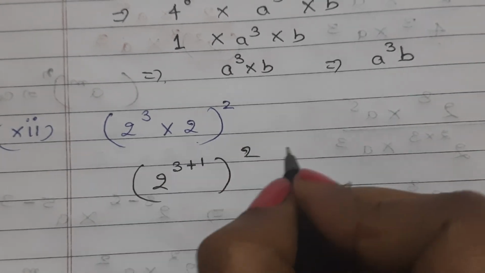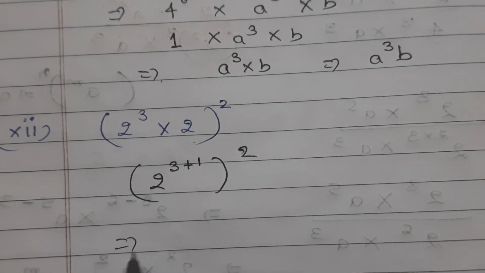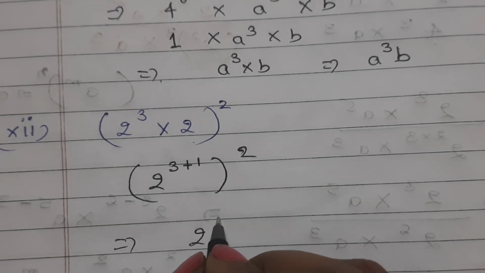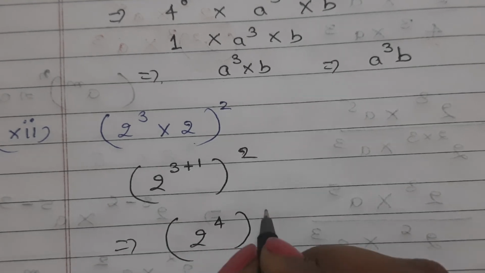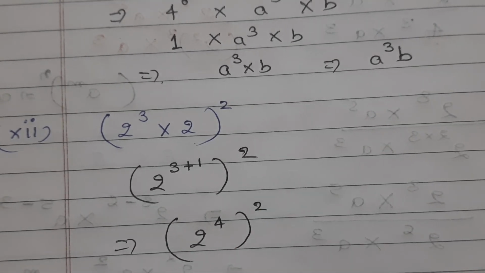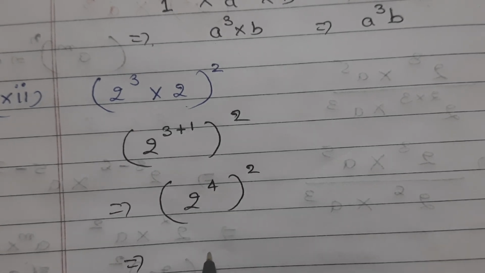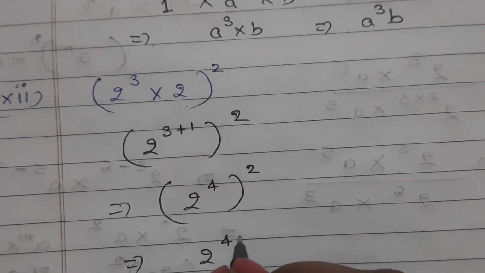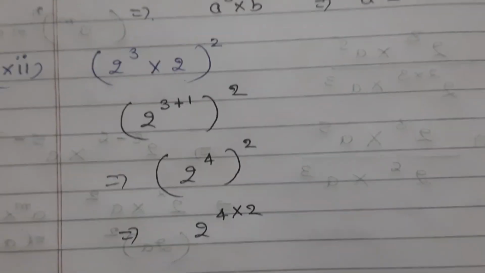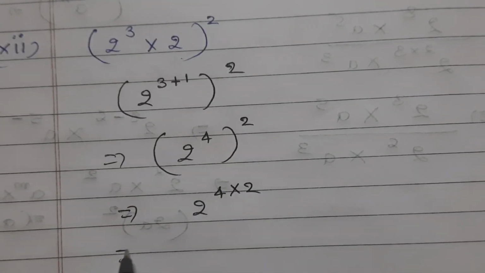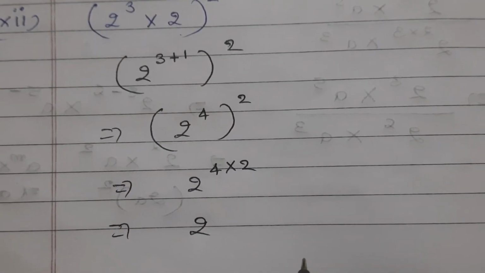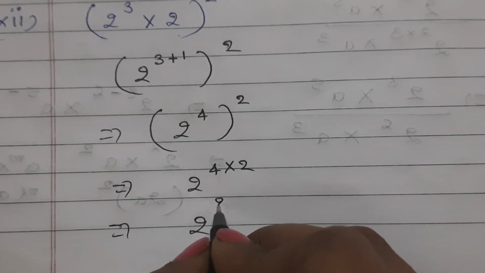So here it will be 2 raised to the power 4, whole to the power 2. And we will apply the law here, which says when it is power of power, we need to multiply the powers. So the answer here will be 2 raised to the power 8.